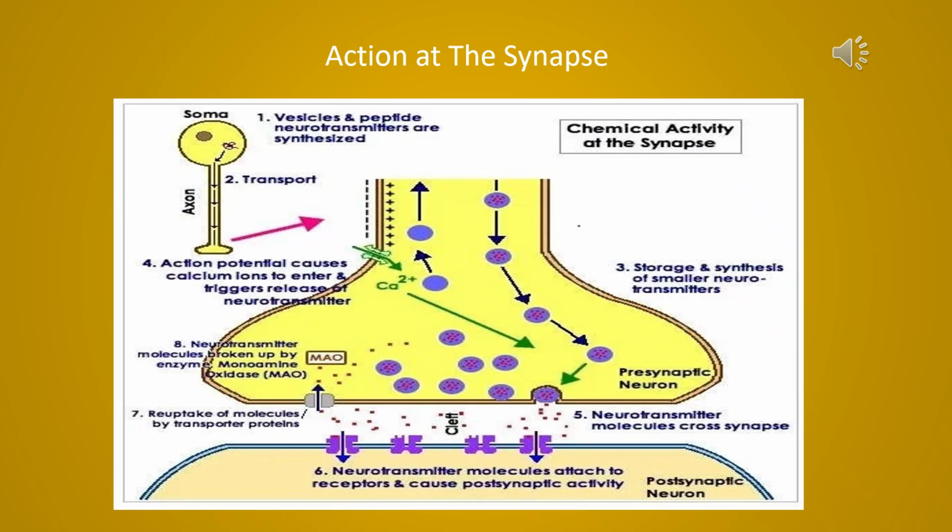Okay, so when you go through this, you can see that it only shows things that I have already talked about. The reason I wanted to look at it up close here is because of the reference here made to the enzyme monoamine oxidase. So number 8 in this illustration, the reference to MAO.